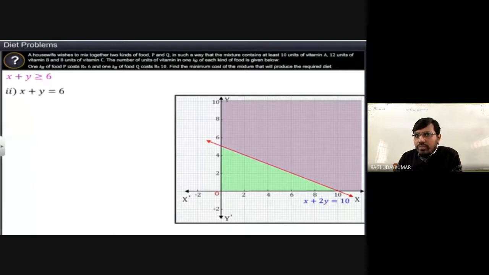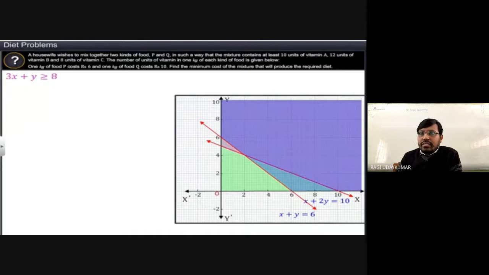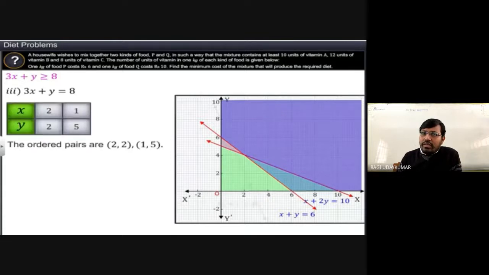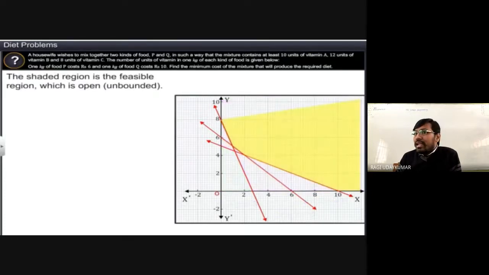Greater than means upwards, and here x plus y greater than or equal to 6, and 3x plus y greater than or equal to 8. All are greater than, so upwards, and the common region is unbounded. This yellow part is common for all, because all are open.